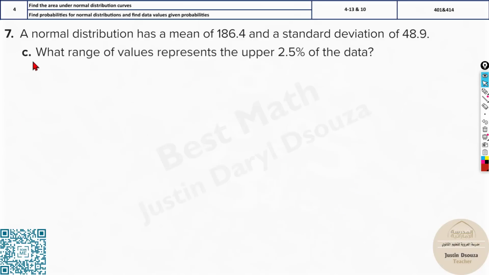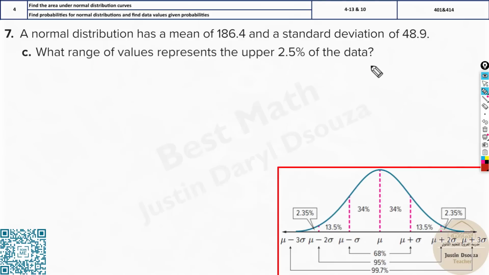The question C is, what range of values represents the upper 2.5% of the data? Let's look into the normal distribution curve. This is 95% of the data, right? How much is remaining? There is 5% remaining, but 5% on both sides, so each side will have 2.5%. Whenever they say upper 2.5%, it's mu plus 2 times sigma.